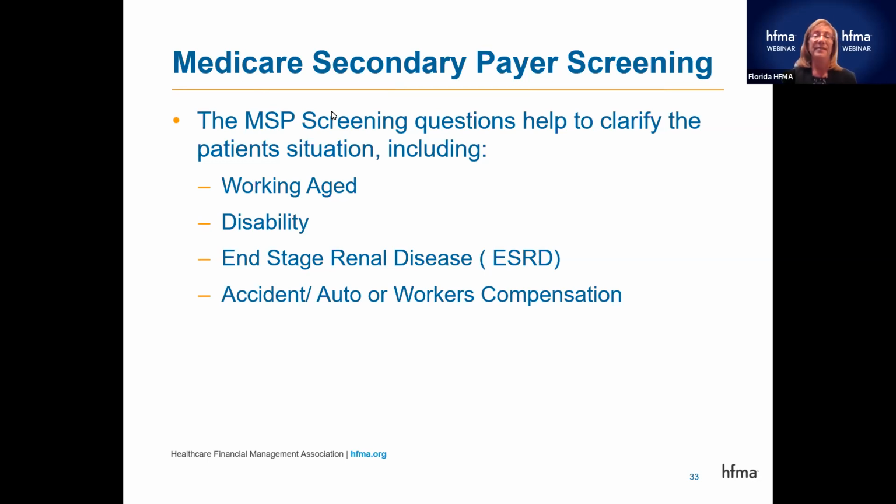And then finally, if a patient has liability coverage due to either an auto accident or a workers' compensation premises accident, then the liability coverage must be billed first. If a patient has an accident in their own home, then liability would not apply and Medicare remains the primary.